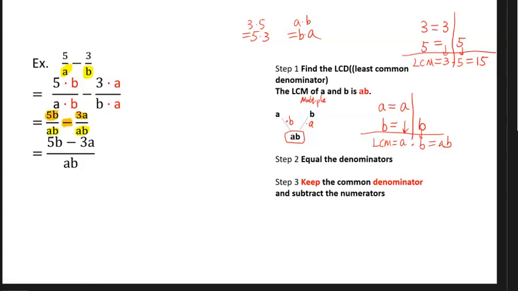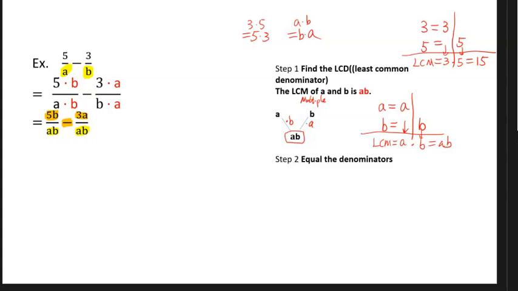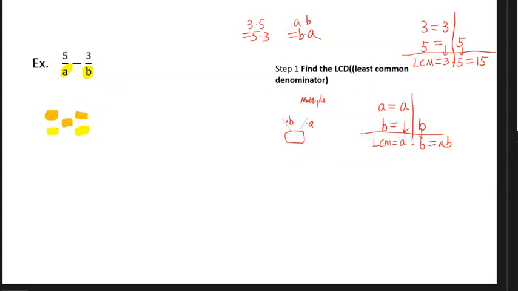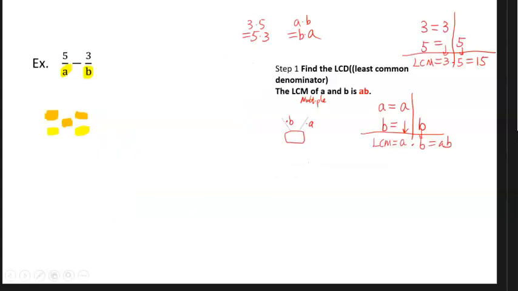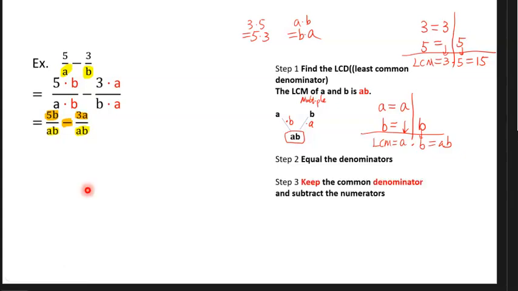So 5b minus 3a. This actually is a little easier because with numbers, if you look at the previous example that we did, you actually have to work out what's negative 12 minus 2. You get negative 14. You do have to work that out because with numbers, you can always add or subtract them. But with the variables, you may not always be able to do that.